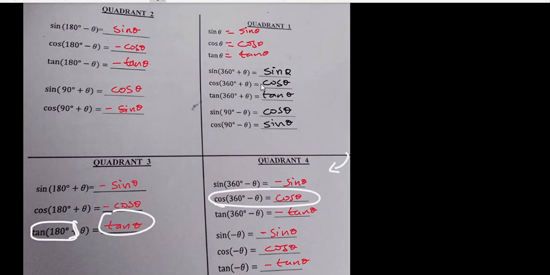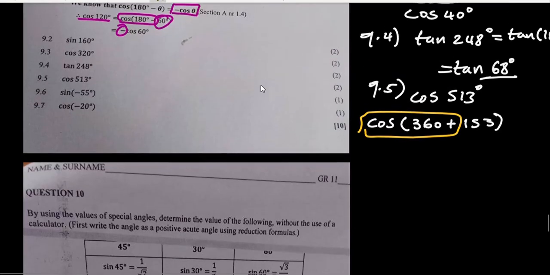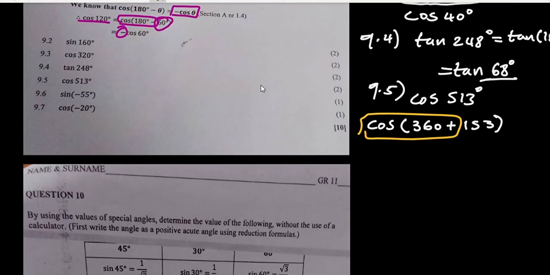Okay, so it means we are going to have cos of 153. However, we reduce this, it is not an acute angle. Remember, an acute angle is an angle between 0 and 90.